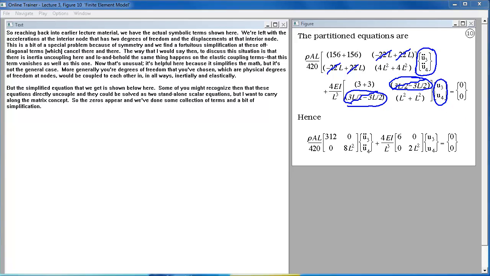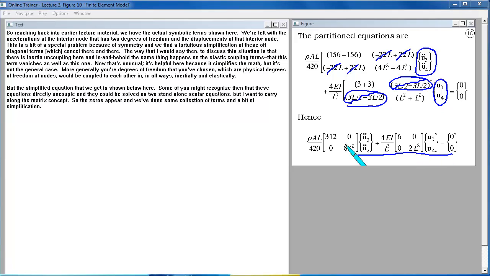More generally, your degrees of freedom that you've chosen, which are physical degrees of freedom at nodes, would be coupled to each other in all ways, inertially and elastically. But the simplified equation that we get is shown below here. Some of you might recognize that these equations directly uncouple and they could be solved as 2 standalone scalar equations, but I want to carry along the matrix concept.